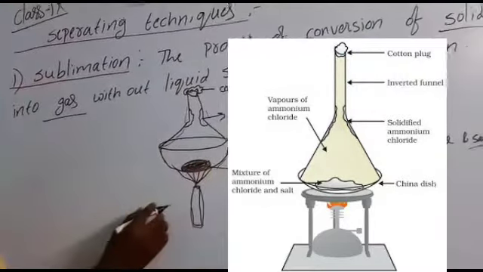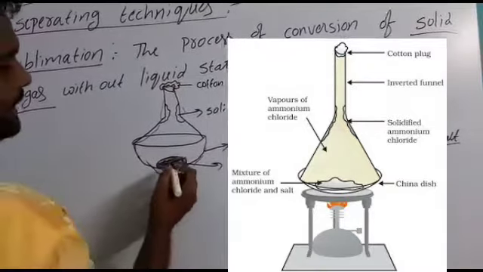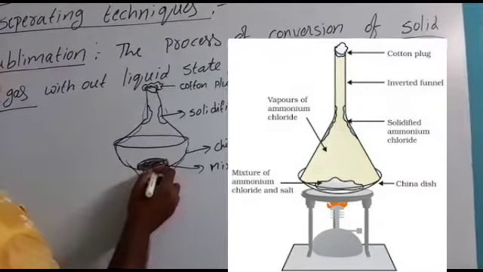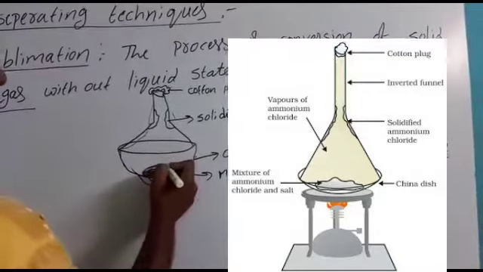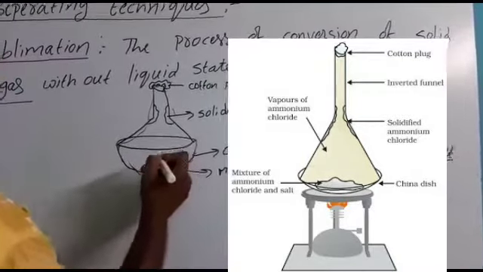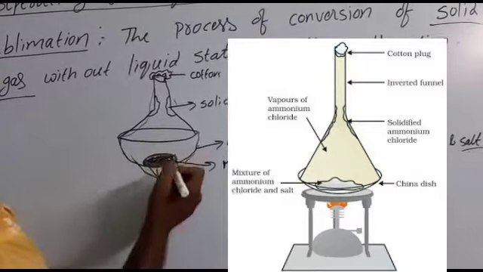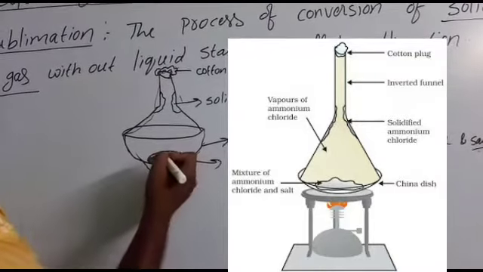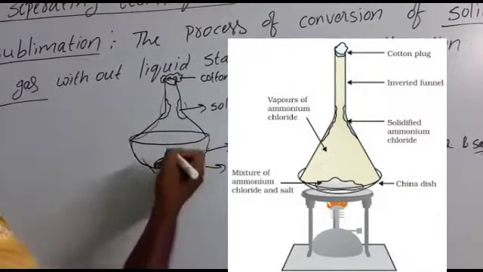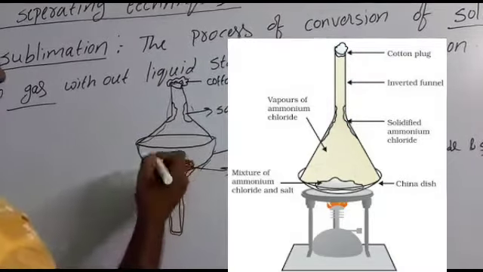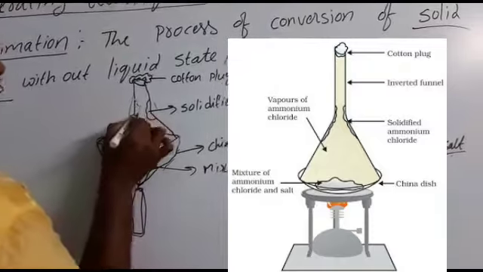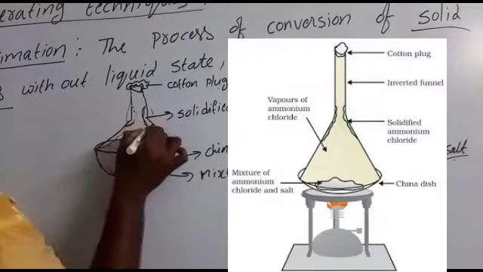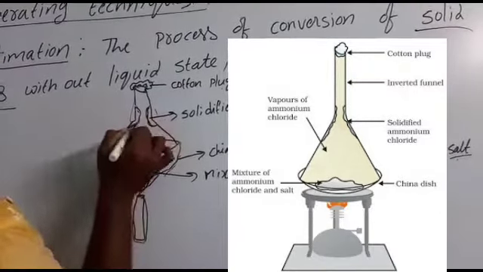Now what I did, I heated this ammonium chloride and salt. When I heated it, first you will observe the fumes of the ammonium chloride. After that, when we cooled this apparatus, what happened? The fumes of the ammonium chloride appear as solid on the walls of the funnel.